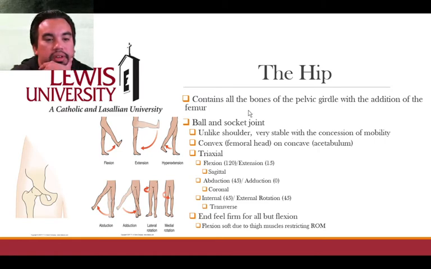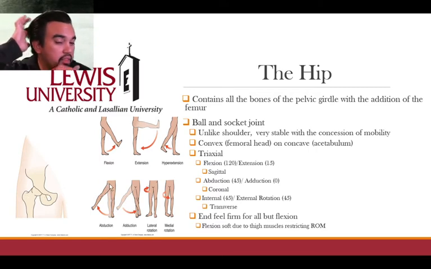So then we have the hip, and it contains all the bones in the pelvic girdle with the addition of the femur. It's a ball and socket joint. Unlike the shoulder, it's very stable with a concession of mobility. It's convex. It has a femoral head and a concave acetabulum. It's triaxial, which means we have three motions within the hip.